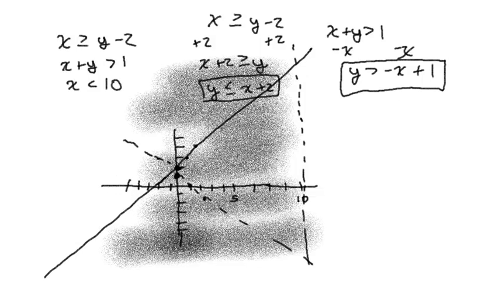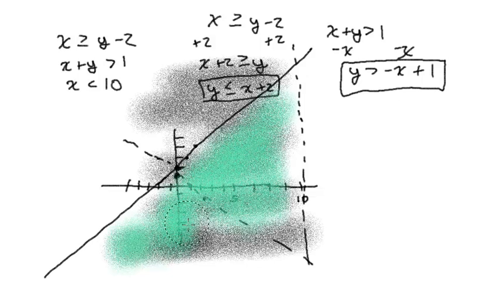So y less than means the area below. So we're below that solid line. This last one says y greater than negative x plus 1. So that's the area above this dotted line.